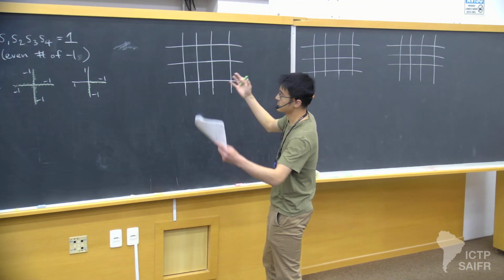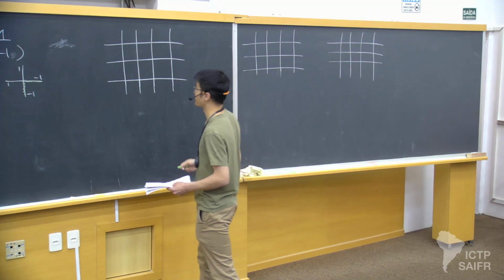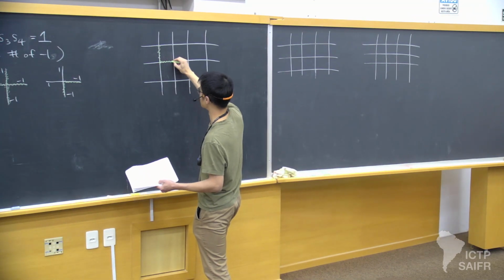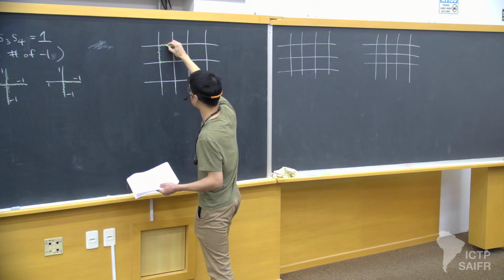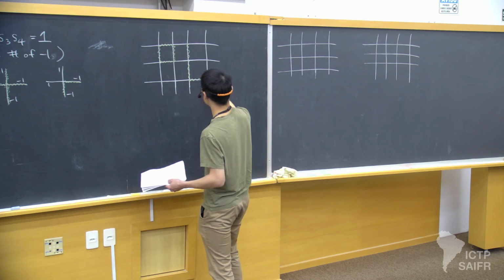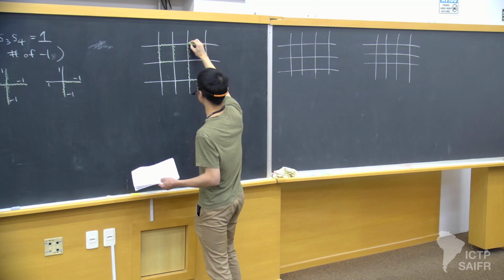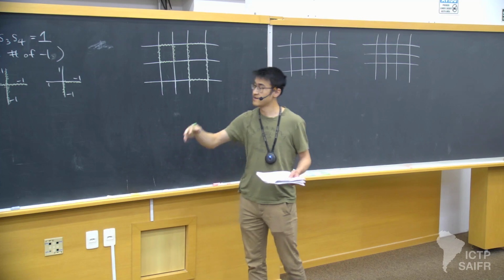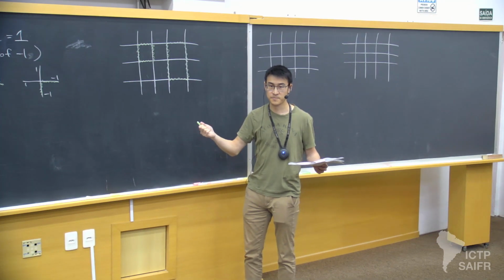I'm dealing with some configuration of 1s and -1s, and as long as the locations of -1s form loops, then this will always satisfy AV being 1 for every vertex, right?